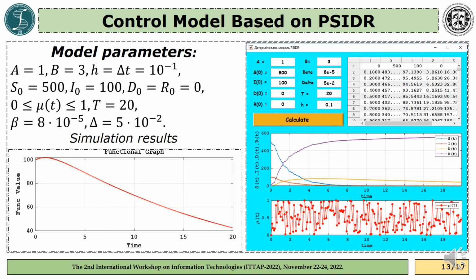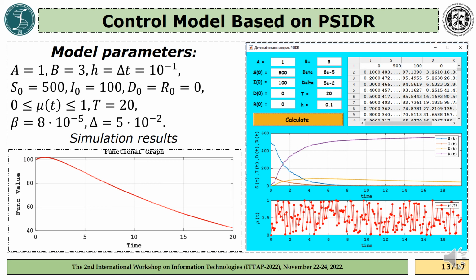On this slide is shown the main result of numerical experiments. The numerical values for the model parameters are given at the top left. Below them is the calculated integrand, which gives the minimum of the objective functional.